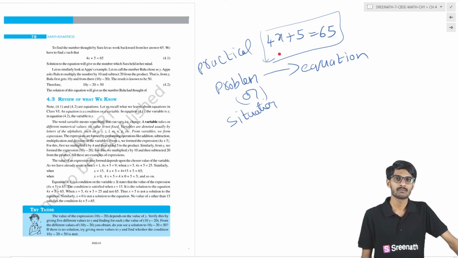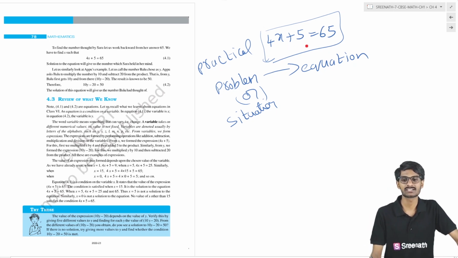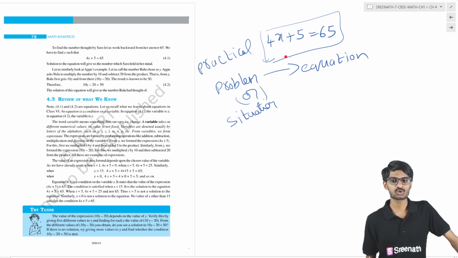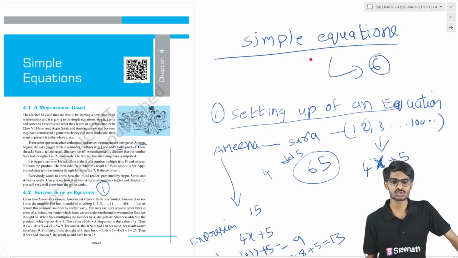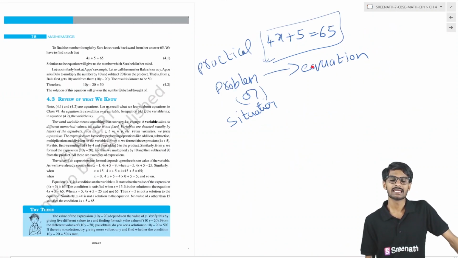The practical problem we have set up is a situation like that: 4x plus 5 equal to 65. So in this way we can set up equations. Our aim is the setting up of an equation. From the given practical situation, from the mind game, we have set up an equation. So in this way we can set up any equation.